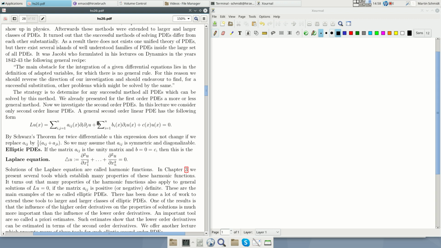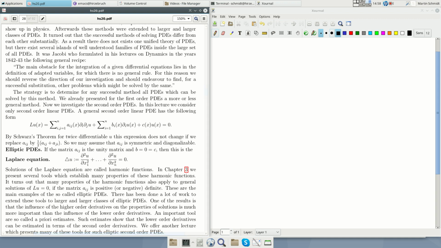Even in this situation we have different methods, and the behavior of the solutions and the whole theory strongly depend on the coefficients, and we will see they mainly depend on the coefficients of the highest derivatives. This means of the second derivatives.